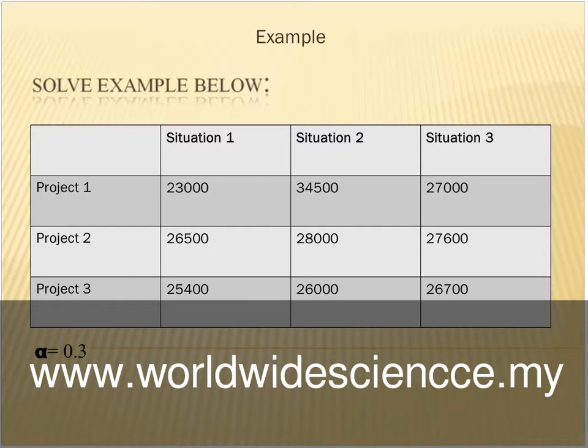How it should be calculated depends on the number of situations or states of nature. 1 divided by the number of states of nature gives you alpha. And after calculating alpha, we do the same as in Howard's method.